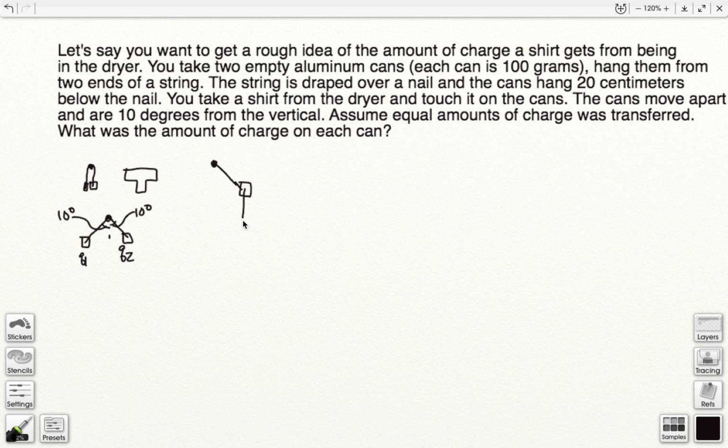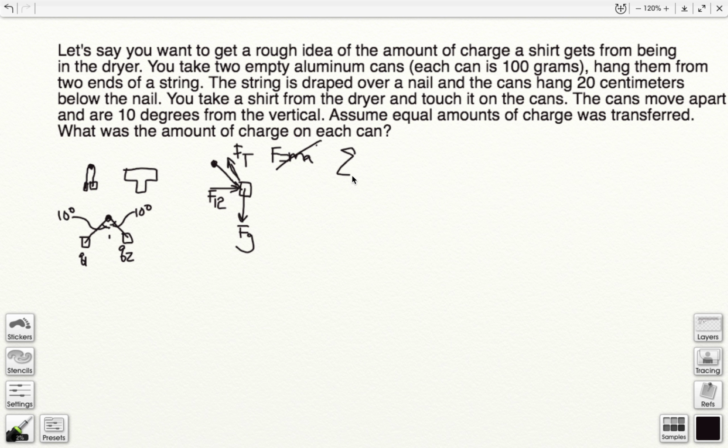We've got the force of gravity, the tension force from the string, and then I've drawn two electric forces here, the electric force of can 1 and can 2. Right now we're in equilibrium. So remember, with force equals ma, we don't have an acceleration, so we have a balance of forces.